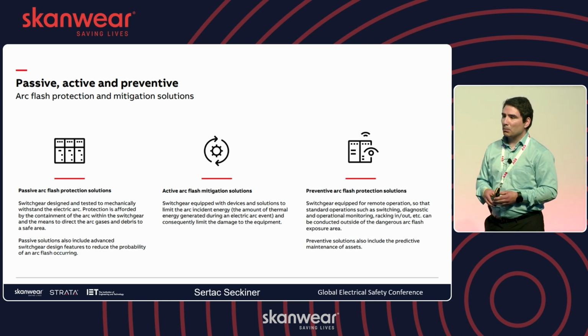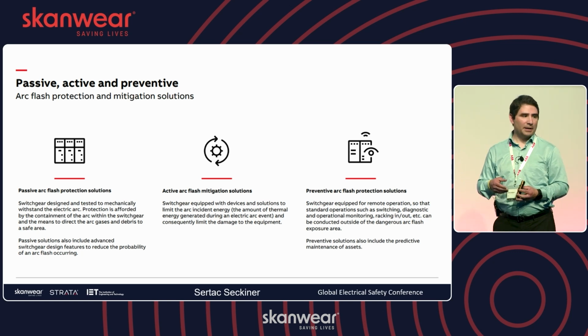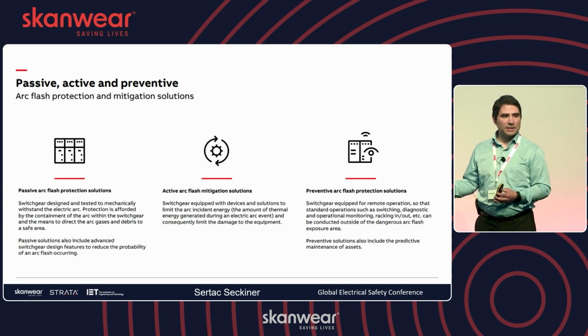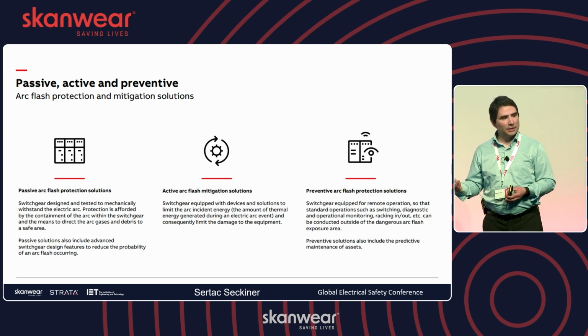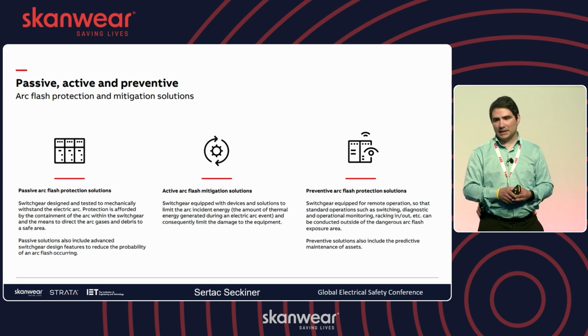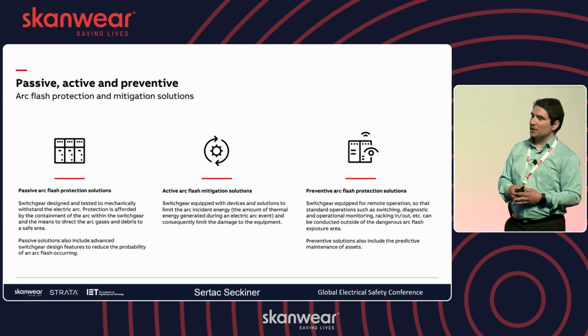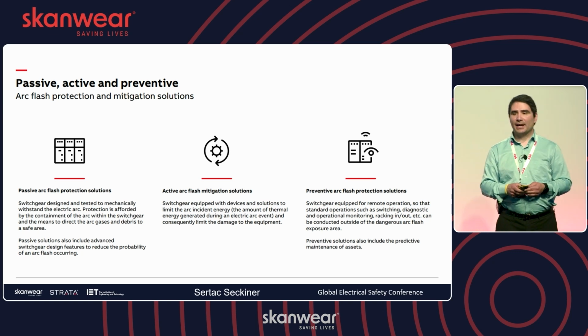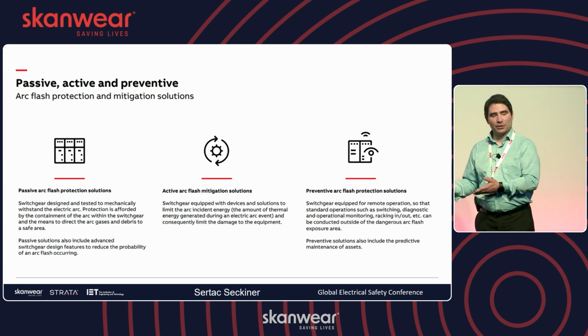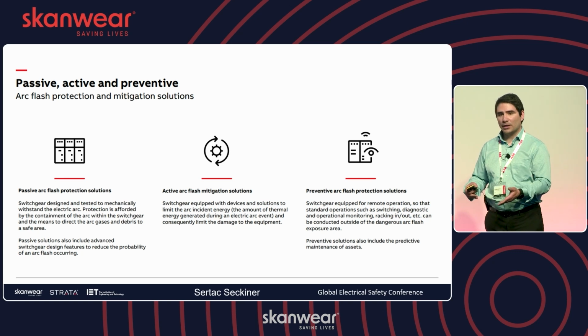It's like monitoring your asset in a Big Brother context. So you know whether it has proper aging, what about the contacts, the terminations, the thermal levels. All these things can give you a lot of information about the health of your switchgear, and then you can use this information to prevent a potential occurrence of an arc flash.